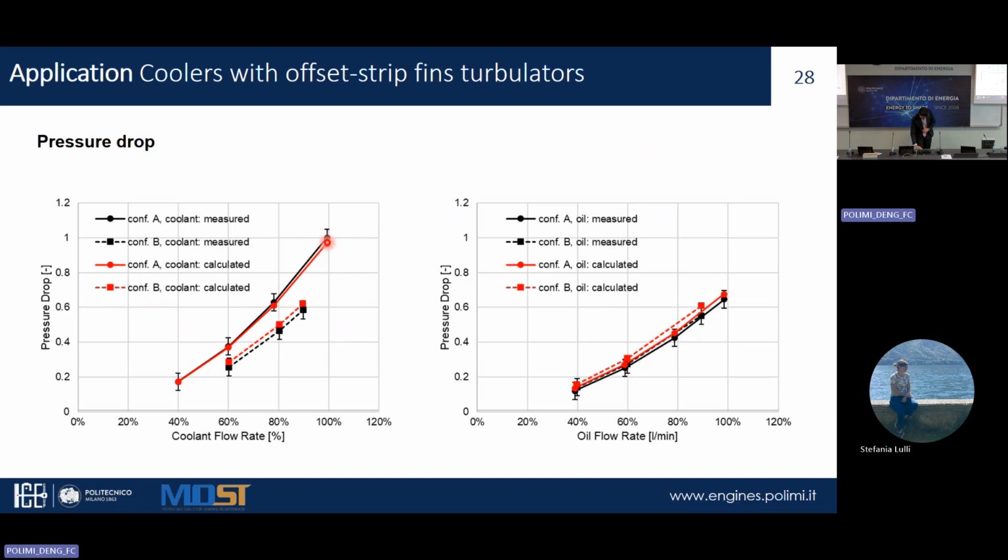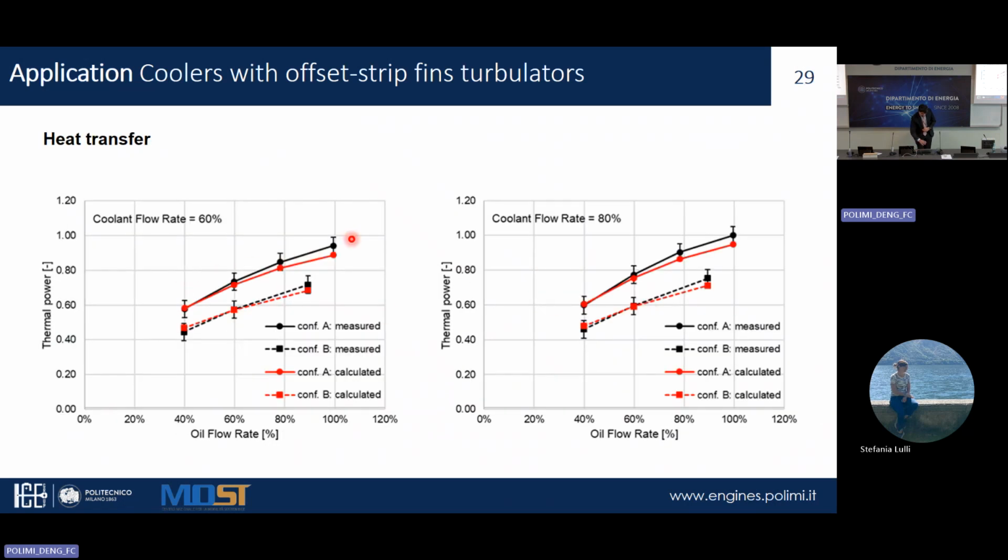The circles are related to configuration A. So we have a good prediction of pressure loss for the coolant side and for the oil side, and also a good prediction of the thermal power for configuration A and configuration B, for the oil flow side, but for different flow rates of the coolant.